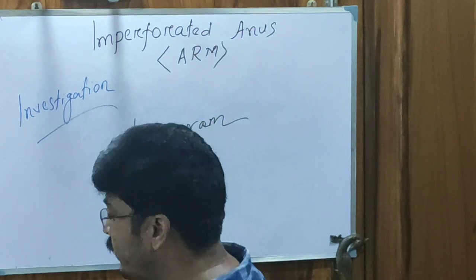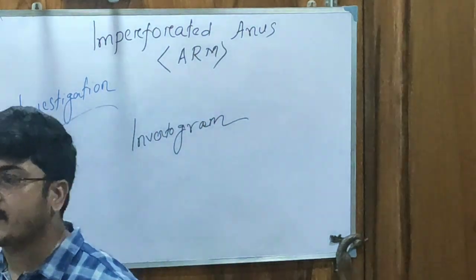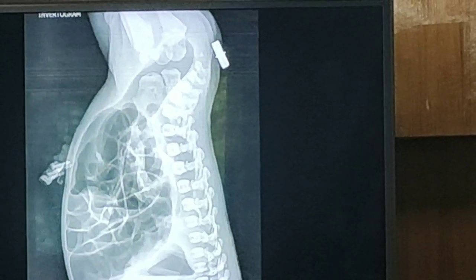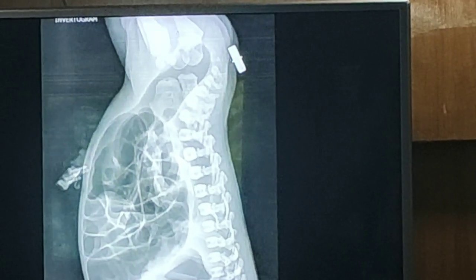What is invertogram? Invertogram is nothing but a plain X-ray of the pelvis and abdomen when the baby's head is downwards and the legs are upwards. The baby is held by hand with the leg end upwards and the head end downwards. When should it be done?